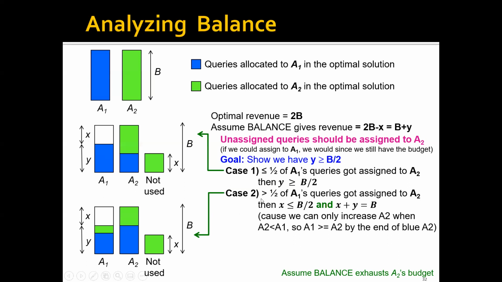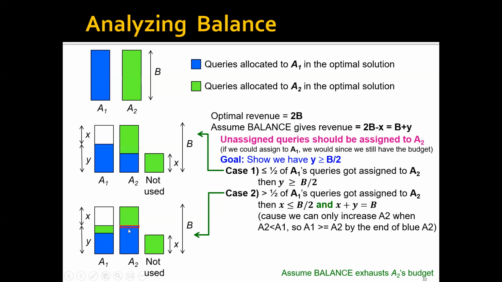In the second case, we have more than half of A1's queries got assigned to A2. Basically, this means that this blue part will be slightly larger than half of B. So we can see that this actually takes a larger part of this rectangle here. Then in this case, let's look at the first query of this blue part assigned to A2. Now remember that the balance algorithm will always assign a query to an advertiser with more balance, right?